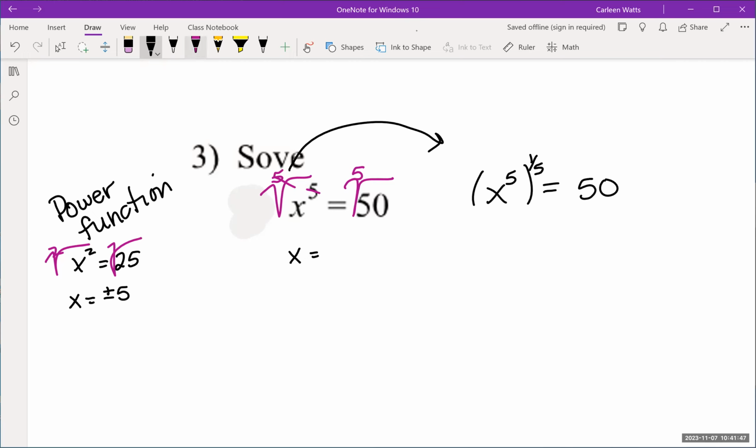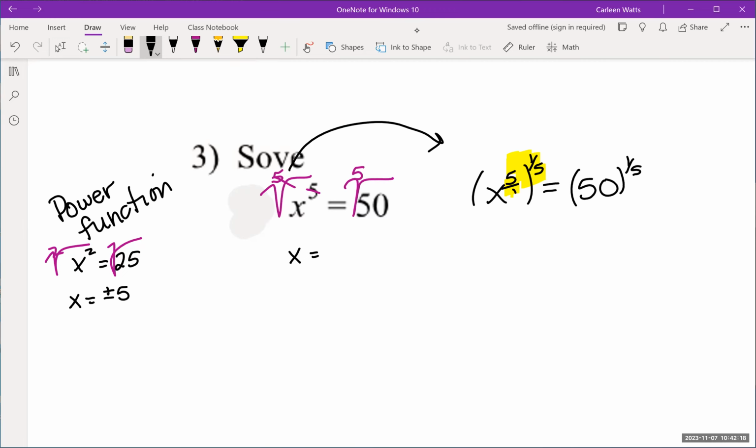Can you see that raising it to the 1/5 power is going to make that exponent of 5 disappear, because the 5 on top is going to cancel the 5 on the bottom? That's a little tricky, but do we see that? So instead of the fifth root, I'm going to raise it to the 1/5 power, and I'm going to raise this side to the 1/5 power. And it turns out to be a little easier on the calculator.